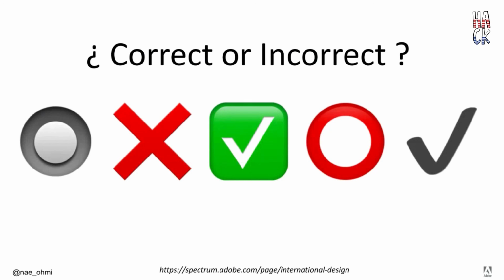But the parents called me and said, why did my student get everything wrong? Because in Japan, a check does not mean correct. Instead, they use a circle to indicate correct. So I had to go back and fix my students' homework. That's why I think it's important to remember that for correct or incorrect, sometimes it can be a check, sometimes a circle, sometimes an X, and that's something you want to get correct.